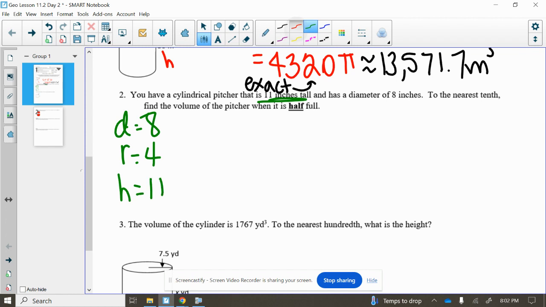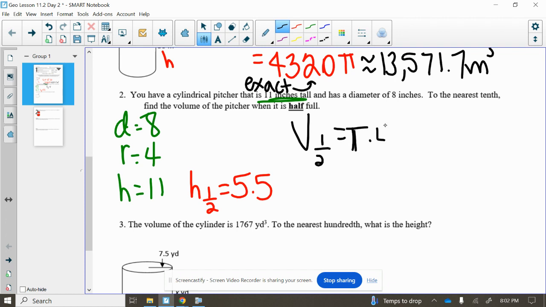Well, here's the thing. If we only want half full, we would be taking only half of that height and filling it up. So instead of using 11, since we want the volume of just the half full pitcher, it would be pi times the radius squared times the half height of 5.5.